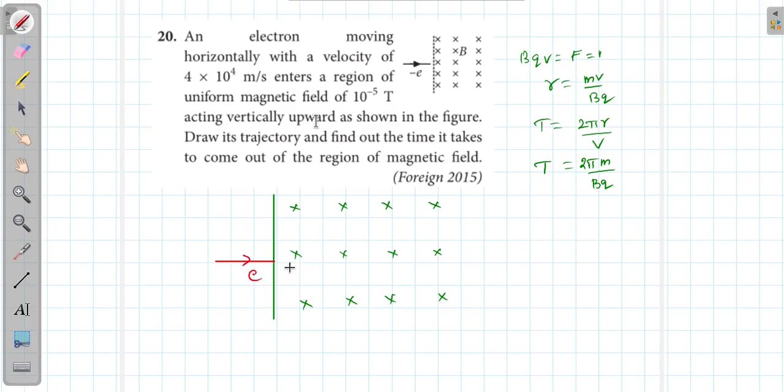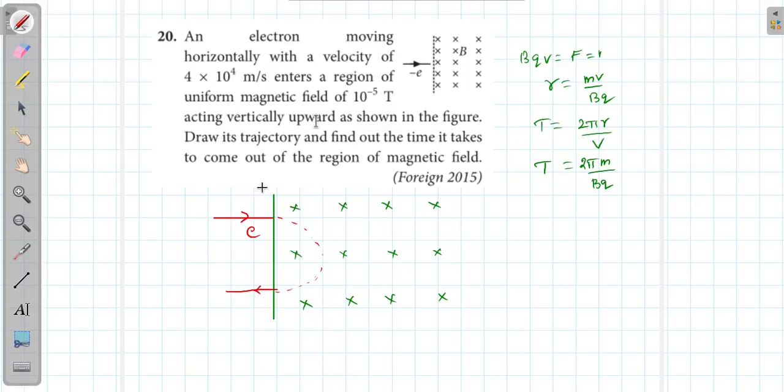As per the rule, with the magnetic field into the plane of paper, the electron gets a force in the downward direction. So it gets deflected in this direction, then makes a circular path. It completes only a semicircular path, and then it comes out of the field.